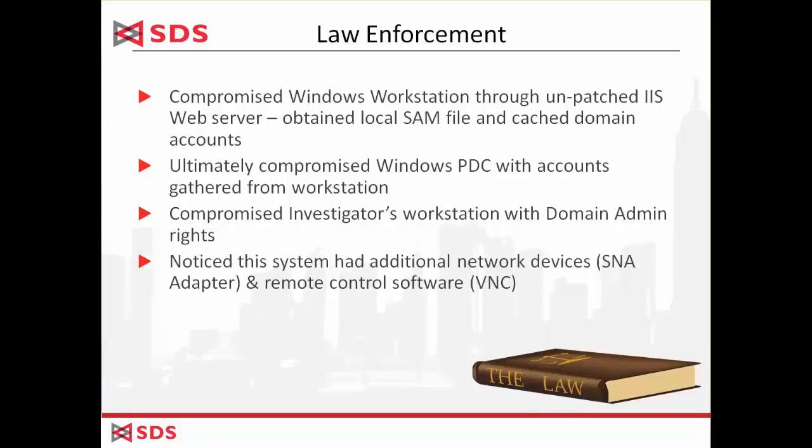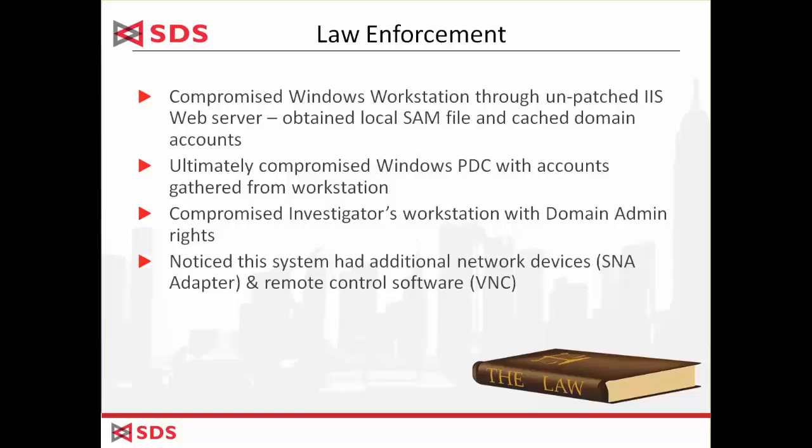So we used our domain administrator rights to start examining these investigators' workstations since they appeared to be set up different. And we noticed on one, the system had additional networking devices. You know, we often try to look for machines with multiple network adapters to see if someone has set up some sort of bridge to a more protected network, whether it's acting as sort of a firewall or a mini router, or just having two separate interfaces that are dealt with independent of one another.